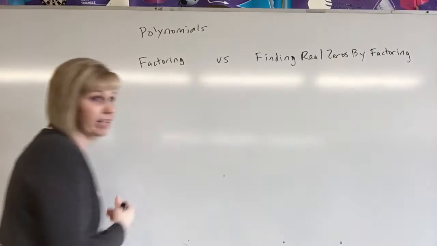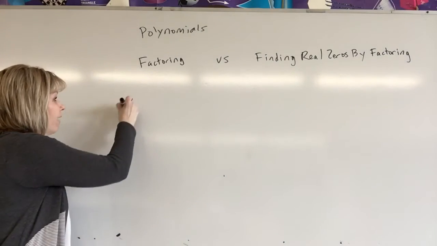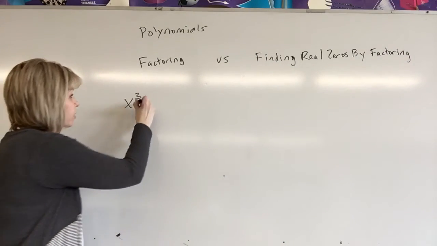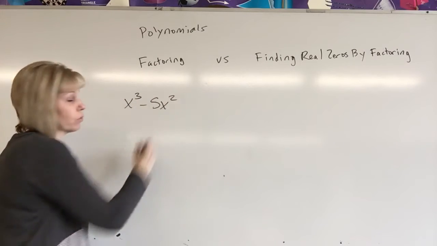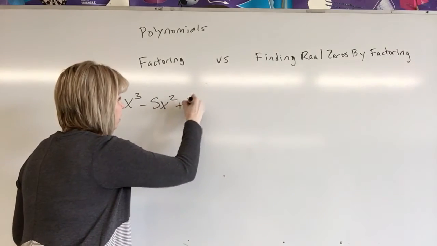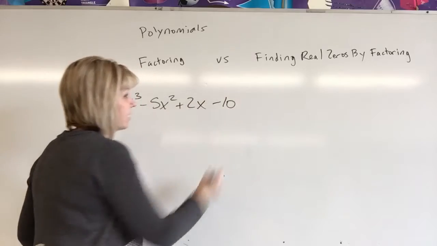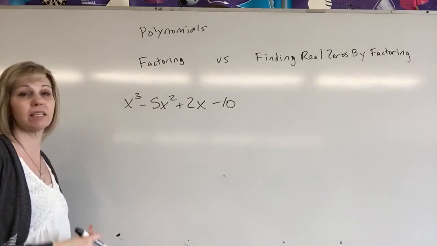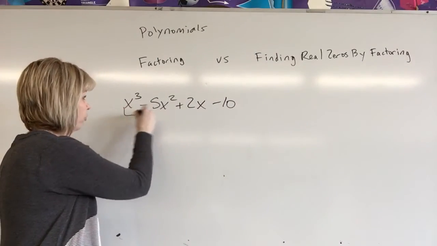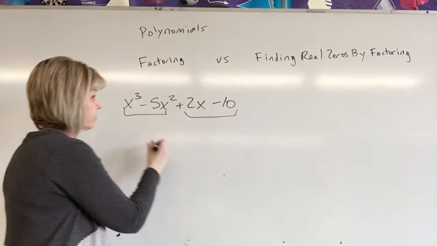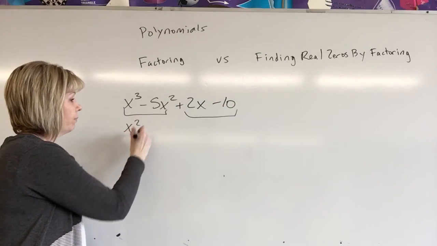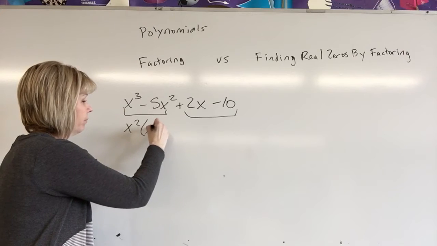Okay, let's factor one by grouping. So we have x cubed minus 5x squared plus 2x minus 10. Okay, so I'm asked to factor this. So I group my first two, my second two. In common would be an x squared for my first group.